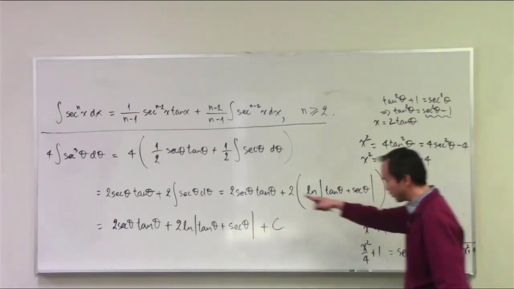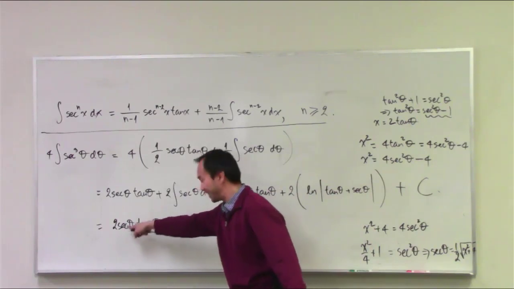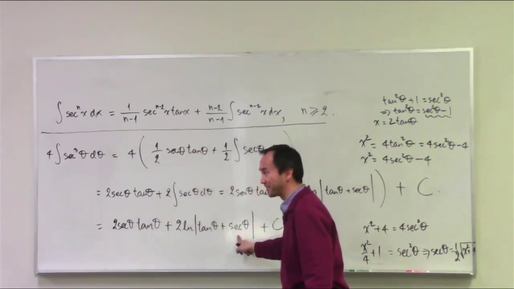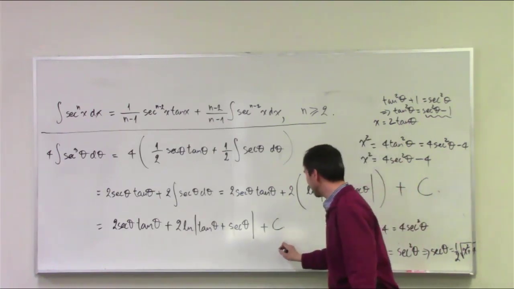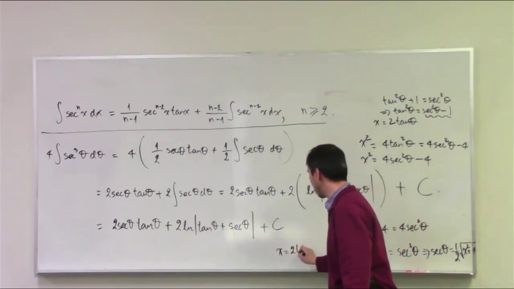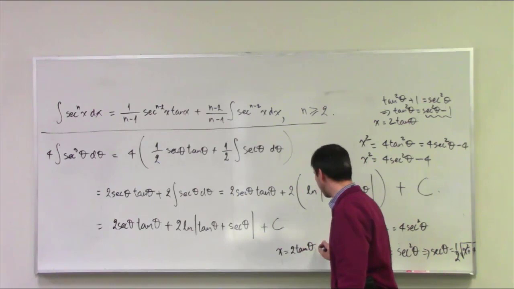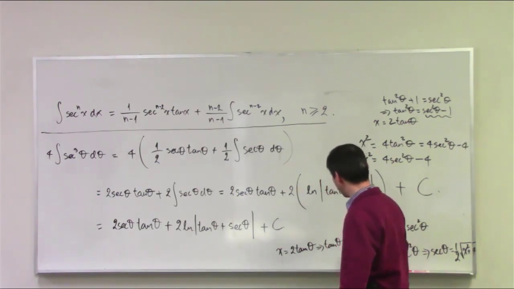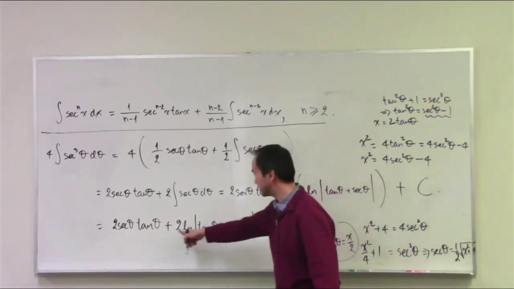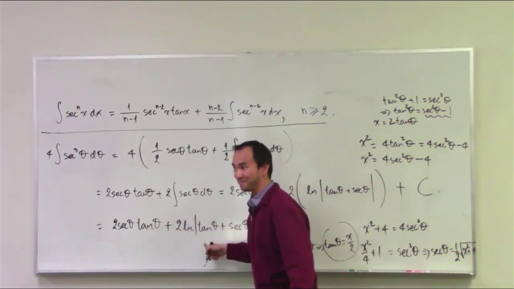I'm going to substitute that in here and in here for the secant. And the tangent was originally x equals 2 tangent, so tangent itself equals x over 2. We're going to substitute that for these places. See what I mean?